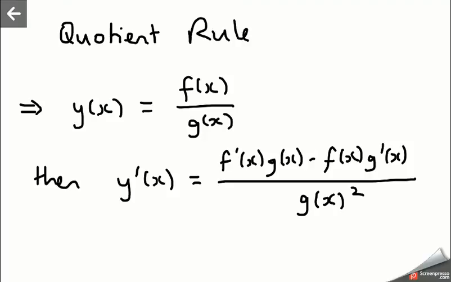So in other words, differentiate the top one, leave the bottom one alone, minus, leave the top one alone, differentiate the bottom one, and then square the bottom one and divide. That's called the quotient rule, and we're going to prove that right now.